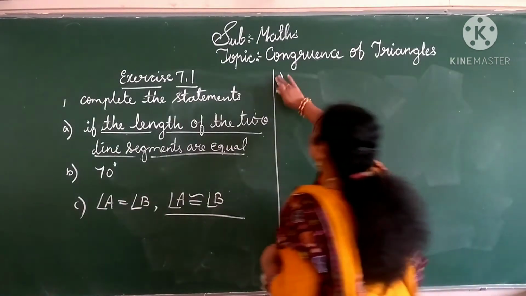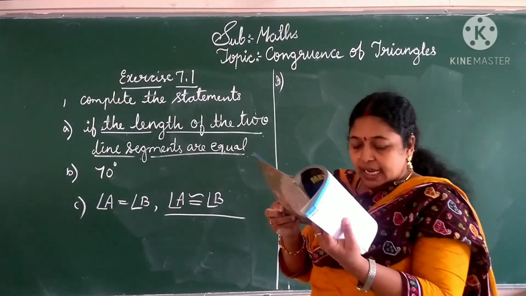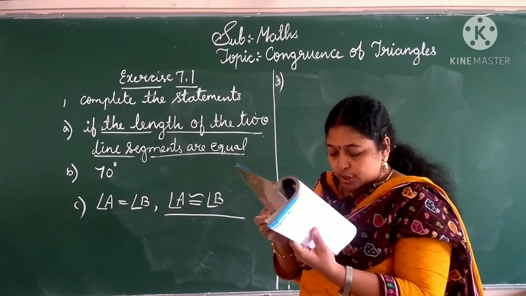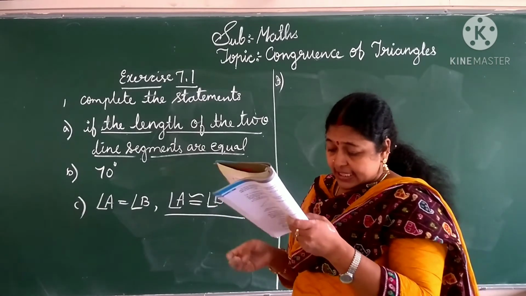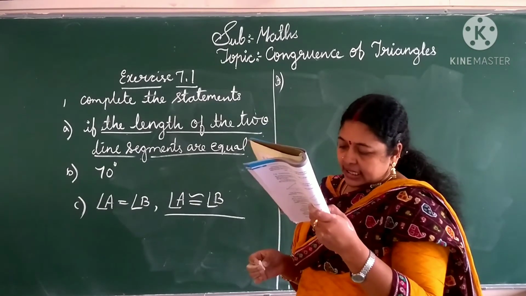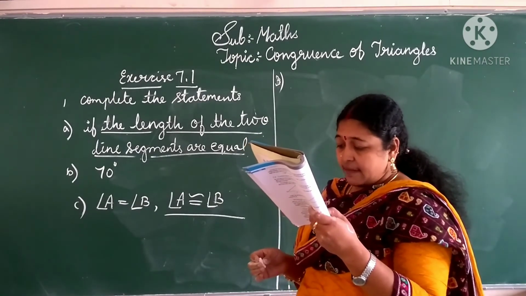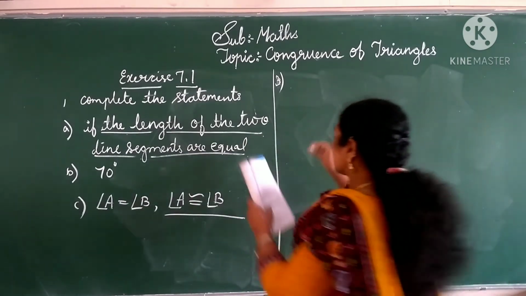Now look at the third question here for us. Here it says, if triangle ABC is congruent to triangle FED, understand the correspondence ABC to FED. Write all the corresponding congruent parts of the triangle.